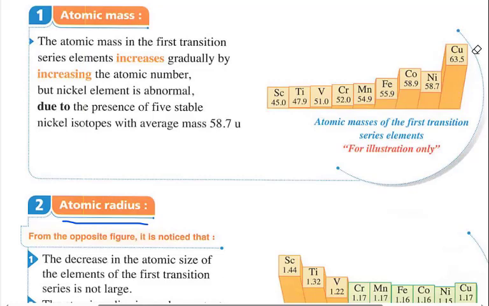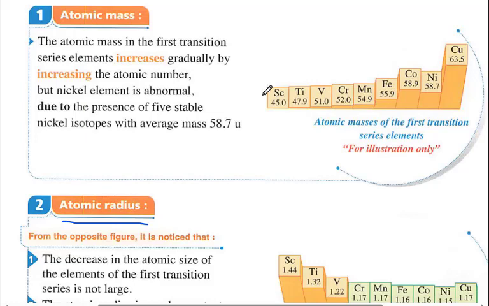Oxidation states of aluminum. Yes, here, like here. Here we have the same arrangement of the elements of the periodic table of the first transition series elements: scandium, titanium, vanadium, chromium, manganese, iron, cobalt, nickel, and copper. So we remember with each other the alloys formed with aluminum.